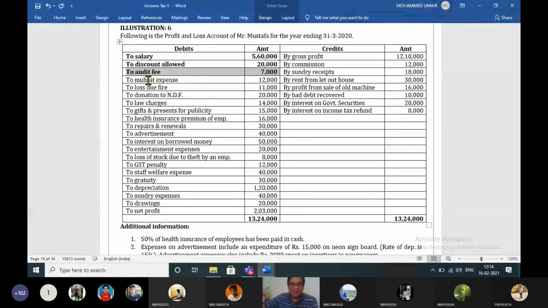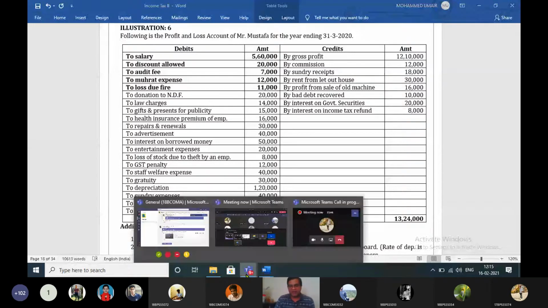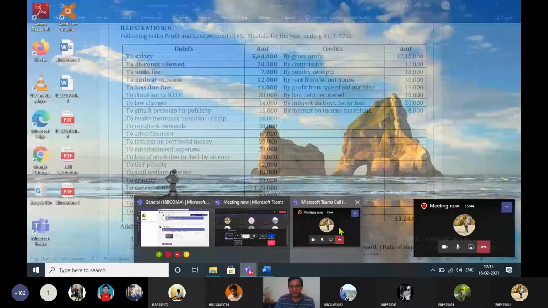So the bottom line is festival and Muhurat expenses, even though they definitely sound like personal expenses, are specifically permitted. So this is allowed. Next, you have loss due to fire, which is a definite loss for the business.